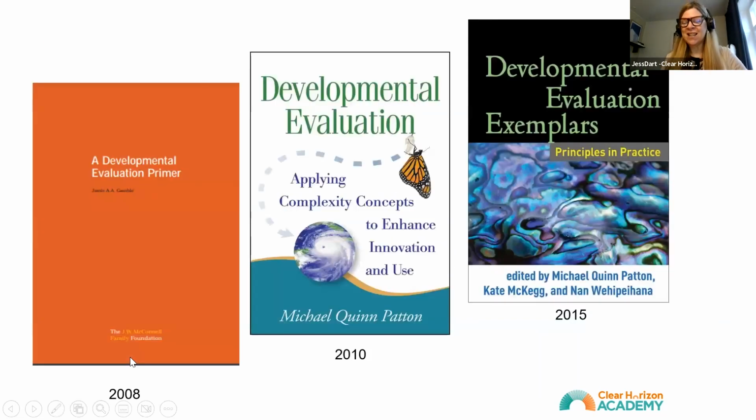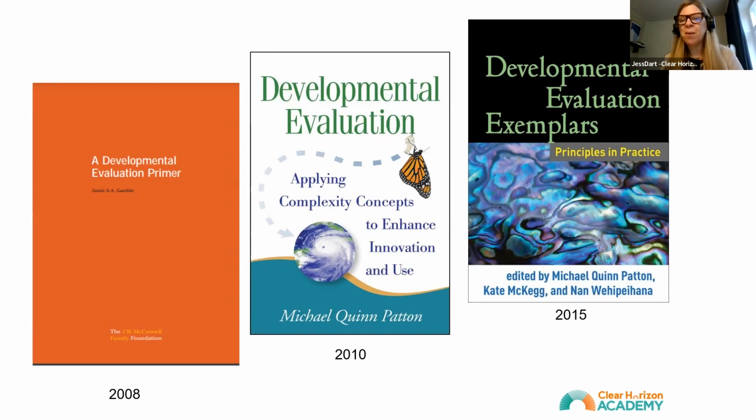So what is it? Developmental evaluation was first described in 2008 with this orange book by Jamie Gamble. It's actually still a really good free resource. You can find it on the internet if you want to look at that. It's very clear. And then Michael Patton brought this book out later.